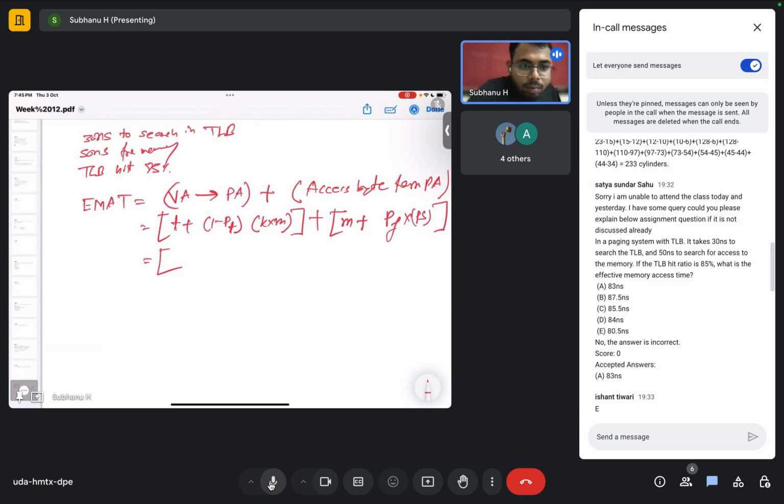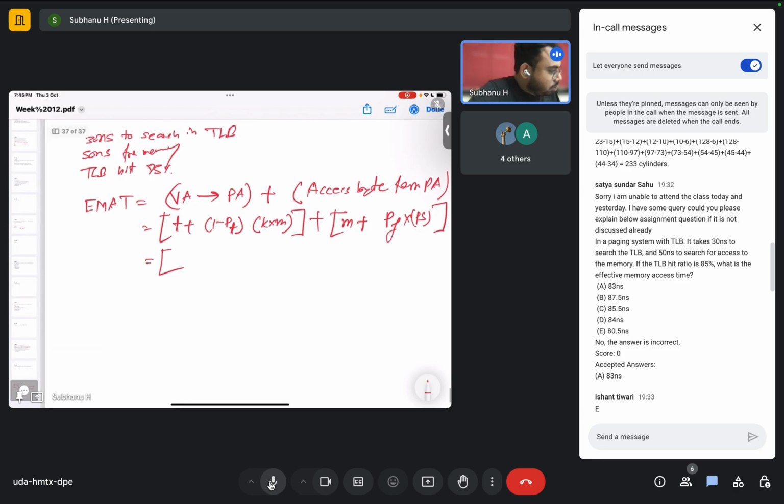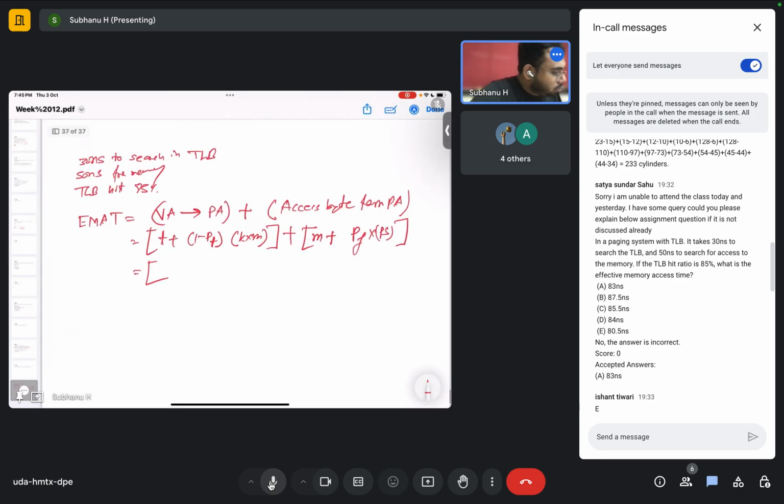How many levels of paging do we have? We have no levels of paging. So this is 0 plus 85, yeah. So it will be 0.15 into k into m. So we have no k. K is 1 only, and 150 nanosecond.